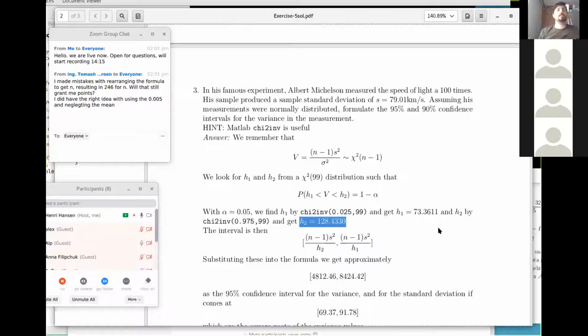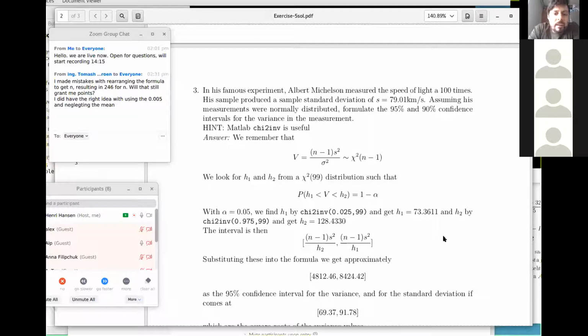So it means that in the chi-squared distribution, again, here's your H1, here's your H2, and 95% of the time the variable is in this region. So hence the interval in which 95% of the time the actual variance would land is this.